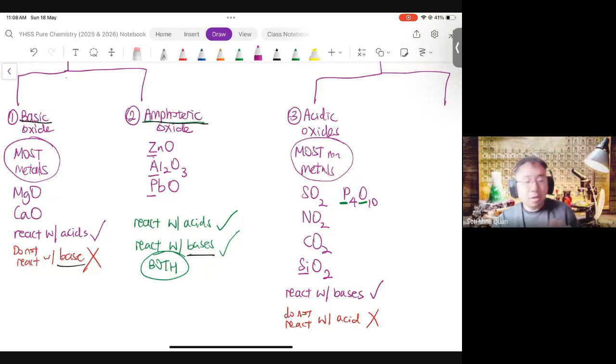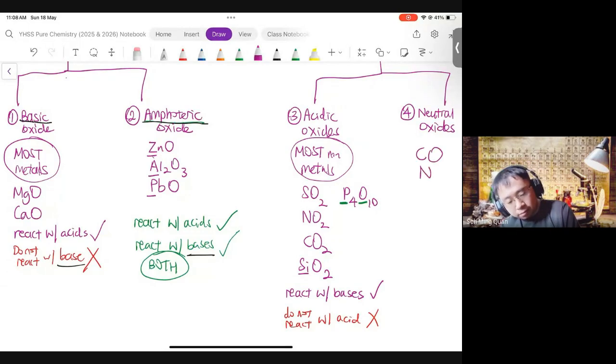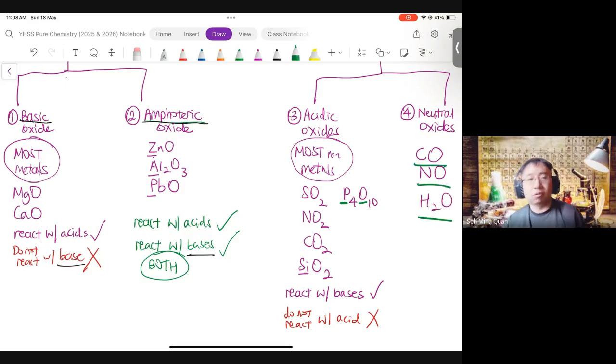That's it. Of course, the ones that you need to memorize are the last category for non-metals, the neutral oxides. And this one is very easy to memorize. The CONOH2O: CO, NO, H2O. These are all neutral.